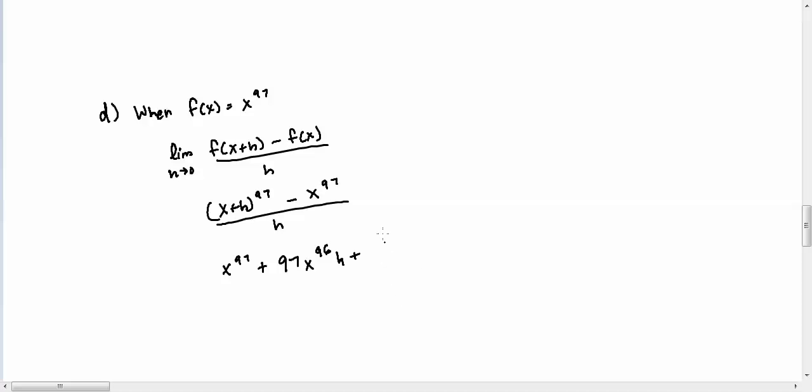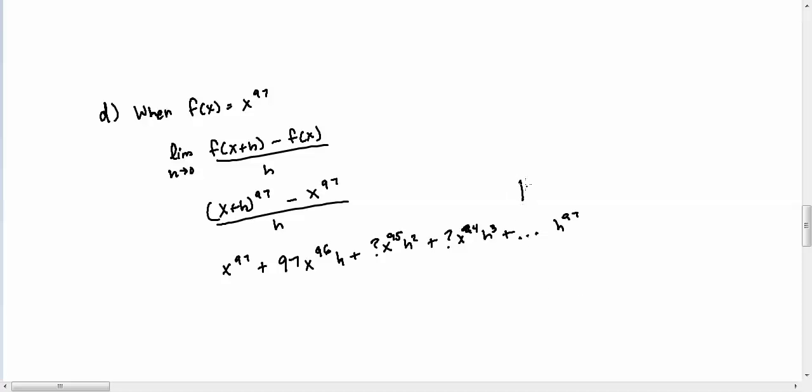Plus, I don't know, question mark, but I do know that it's going to have x to the 95th power h squared, plus, I don't know, x to the 94th power h cubed, plus dot, dot, dot, h to the 97th power.